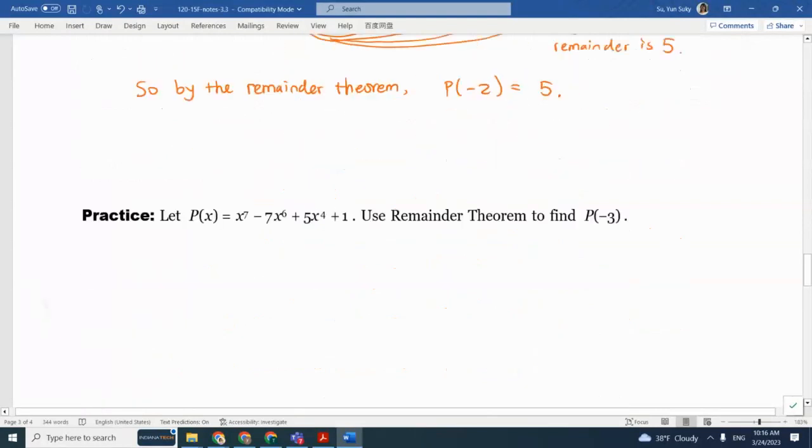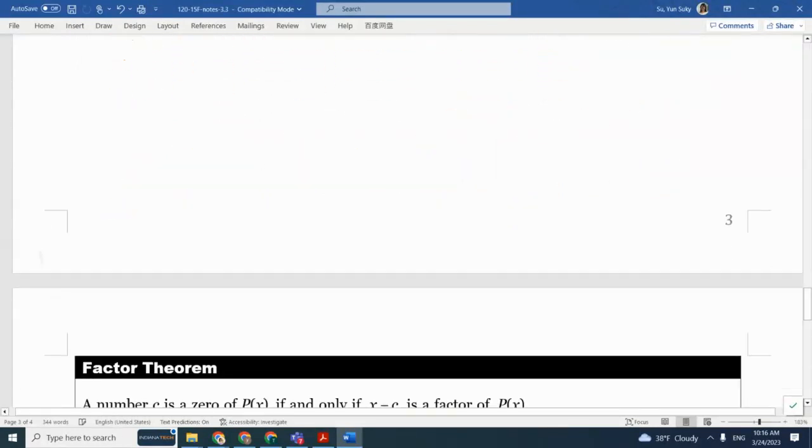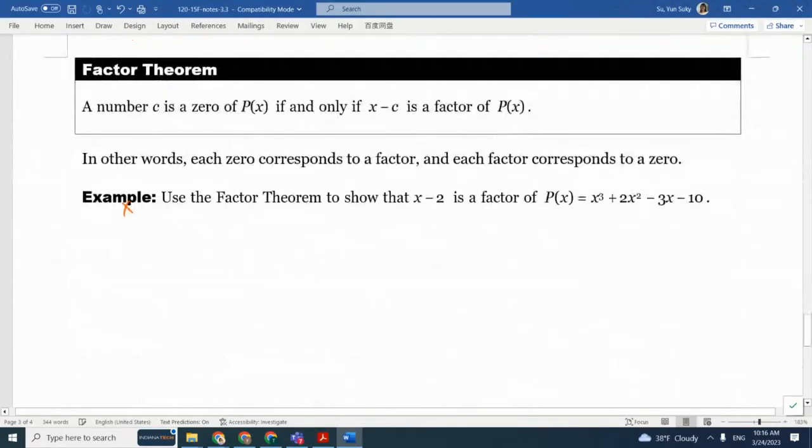Okay, so practice I will let you do at home. And then factor theorem. A number c is a 0 of P of x. Remember 0 is the same as the roots. So that means P of c is 0 because c is a 0.